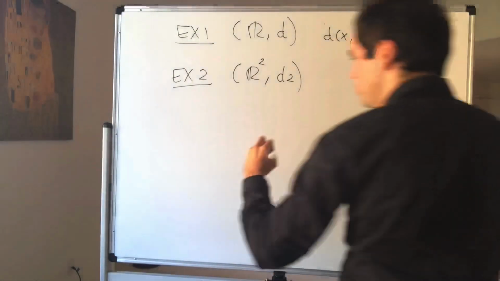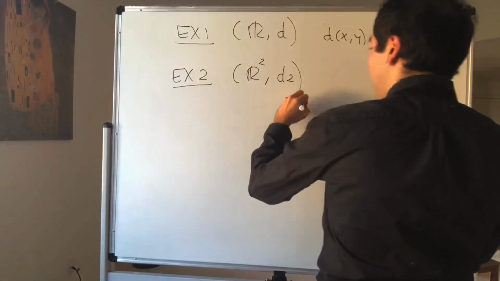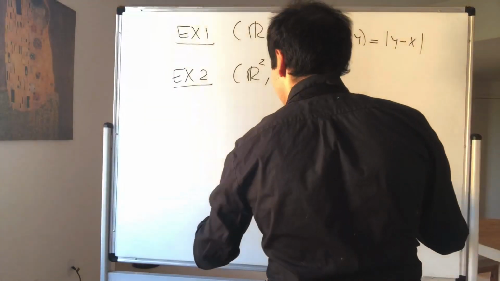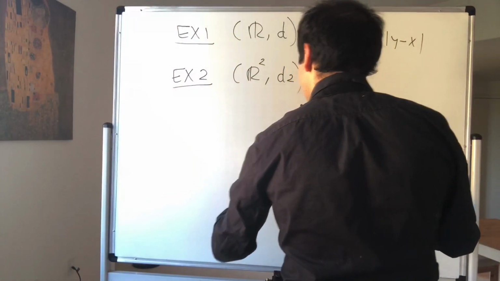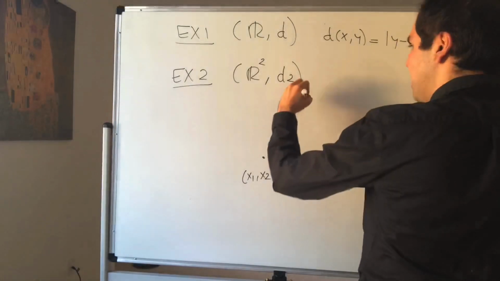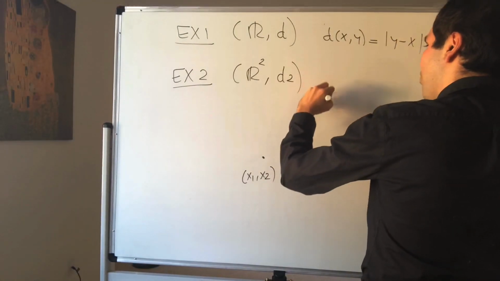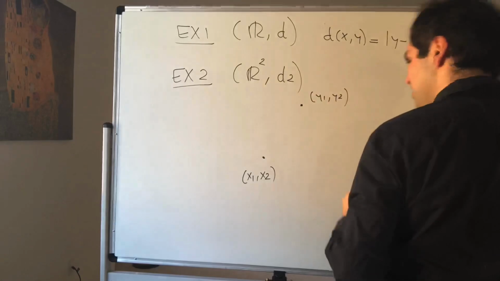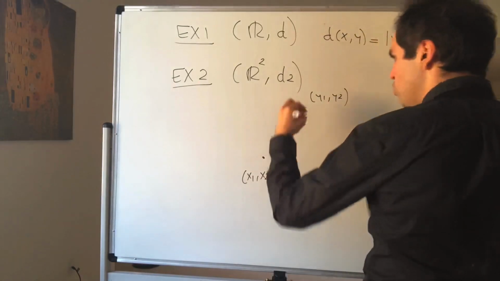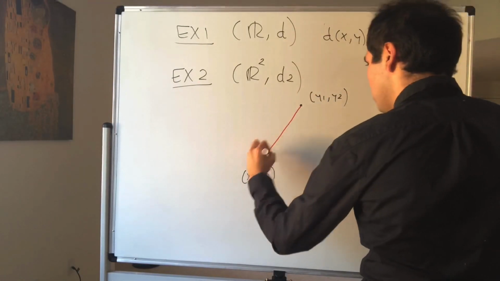So literally R2, d2, where the distance between 2 points, and I apologize for this notation, but it's the one that the book is using. So the distance between (x1, x2) and (y1, y2) is just the following. It's just the usual distance.